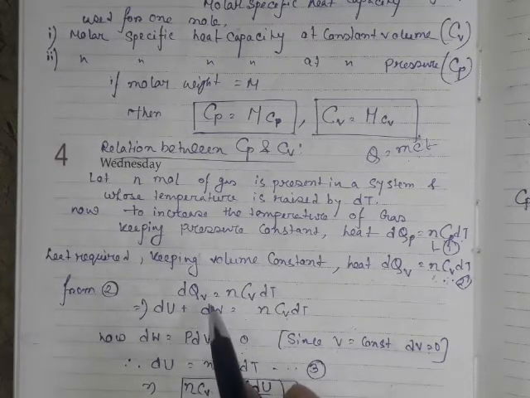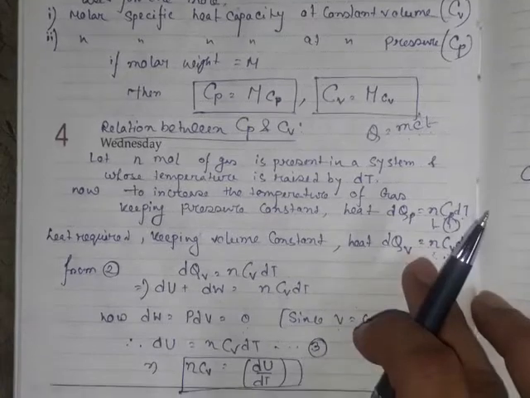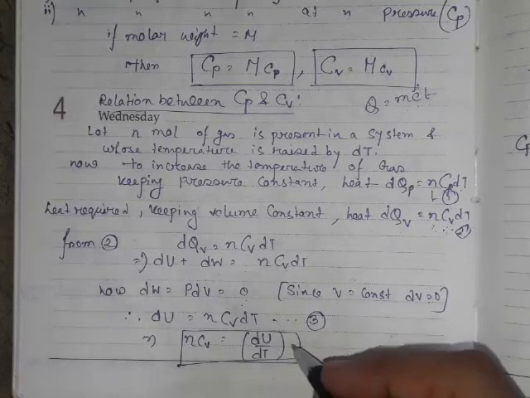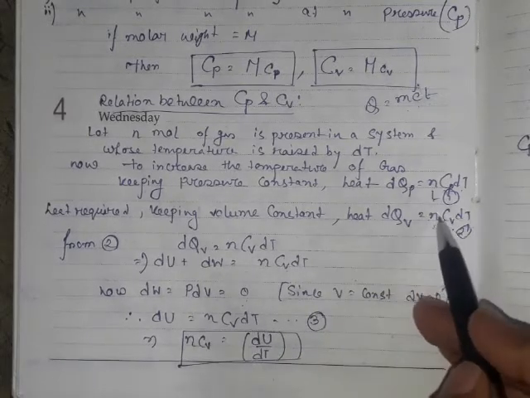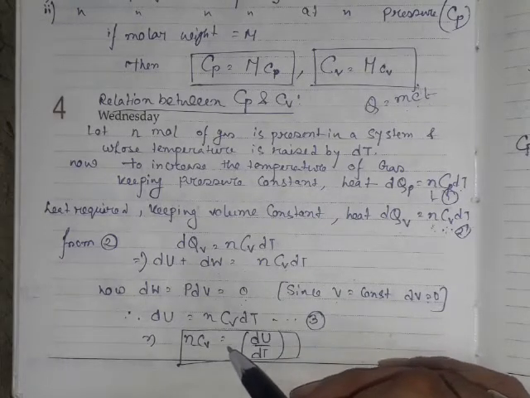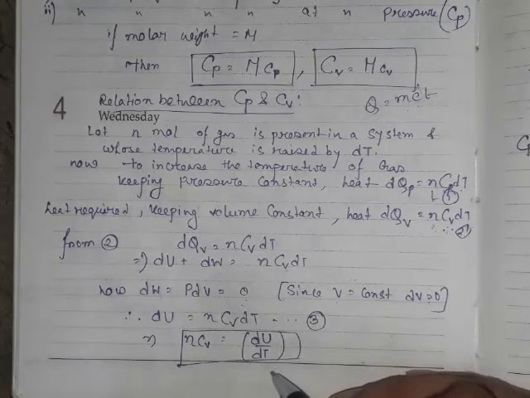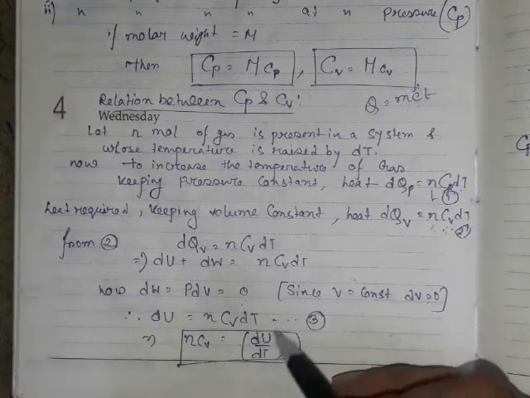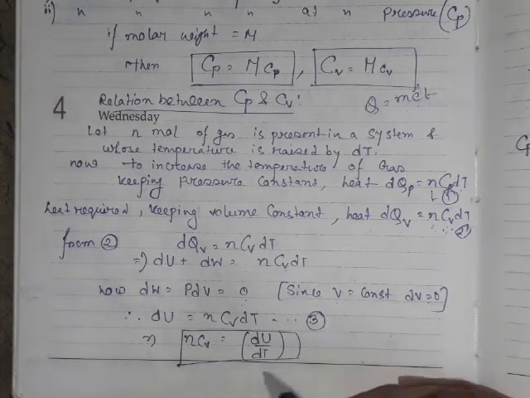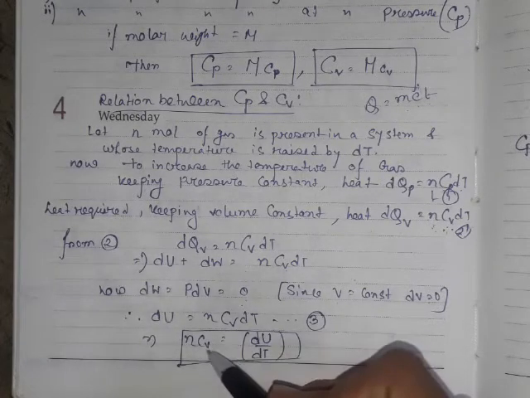By putting dW as 0 here, you will get dU equals n Cv dT. So n Cv equals dU/dT, that means Cv, the specific heat capacity at constant volume, is just 1/n times dU/dT. So dU/dT can be called the variation of internal energy with respect to the temperature of the gas. That's how we define the Cv.